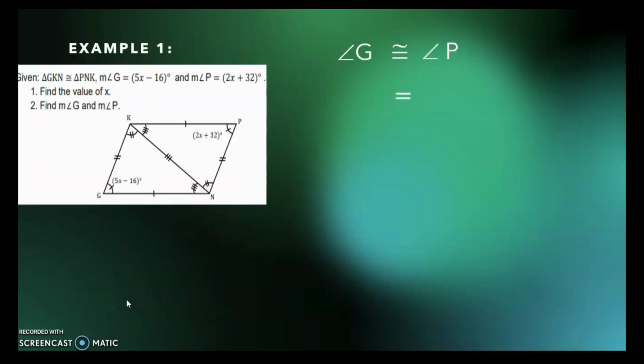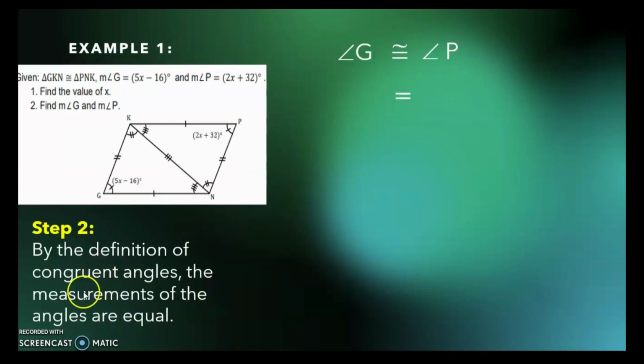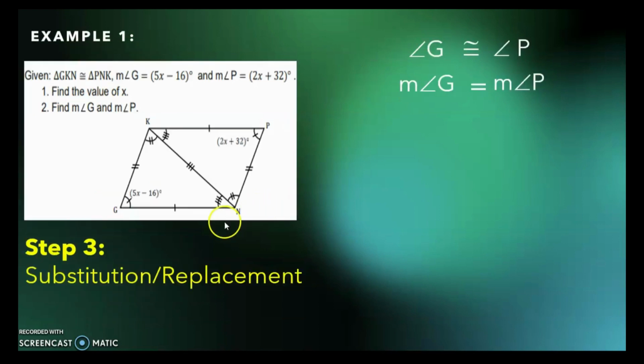Step 2. By definition of congruent angles, the measurements of the angles are equal. So, the measure of angle G is also equal to the measure of angle P. Step 3, substitution or replacement. Let's find their values. The measure of angle G, we replace with the quantity of 5x minus 16 degrees.